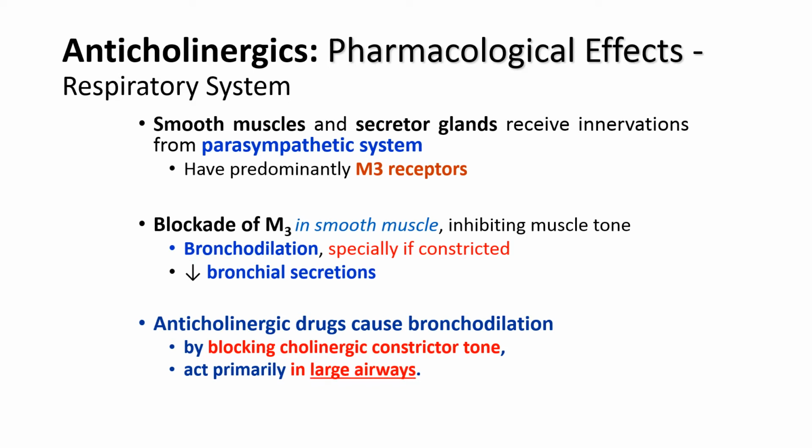For example, in COPD, the bronchoconstriction mainly is due to the high cholinergic tone. In those diseases, anticholinergic drugs such as Ipratropium Bromide or Tiotropium Bromide have a very good role to play, because these anticholinergic drugs act by blocking the cholinergic constrictor tone.